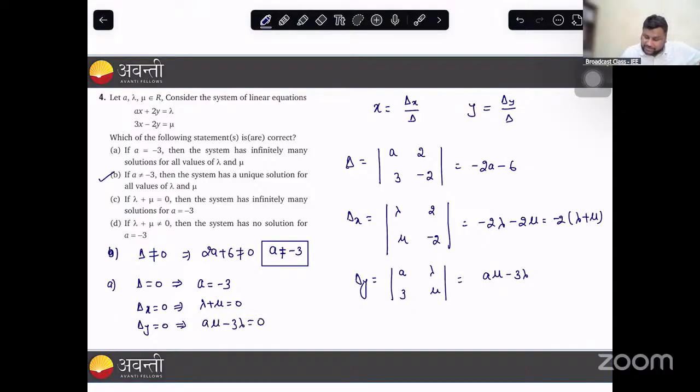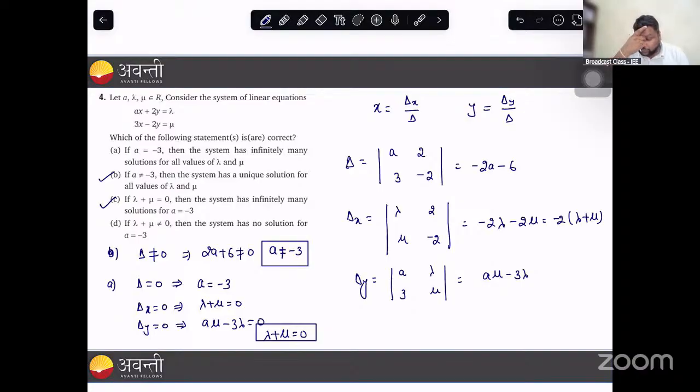You put a as minus 3, so again lambda plus mu should be 0. That means if lambda plus mu is 0, the system has infinitely many solutions for a equals minus 3. So C is the correct answer. In A, what they are saying is, if a is minus 3, the system has infinite solutions for all values. No, not for all values of lambda and mu. Only those values where lambda plus mu is 0.